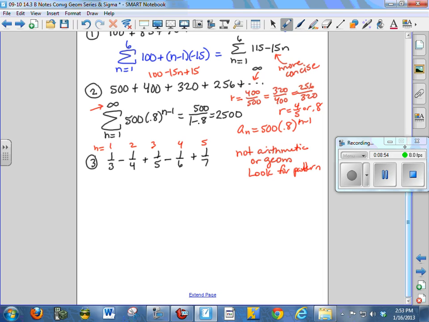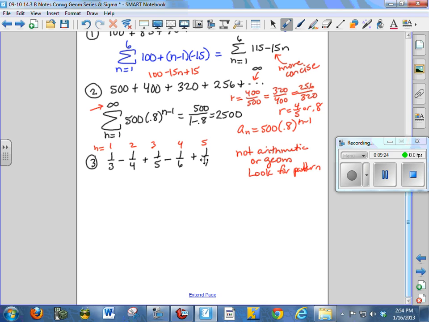Then as our a sub n is 1/3, negative 1/4, positive 1/5, negative 1/6, positive 1/7. What we want to do is look at the term and see how it corresponds to the term number. So 1 gives you 1/3, 2 gives you 1/4, 3 gives you 1/5, 4 gives you 1/6, 5 gives you 1/7. So notice that the denominator is 2 bigger than the term number. So in general, we can say 1 over n plus 2.